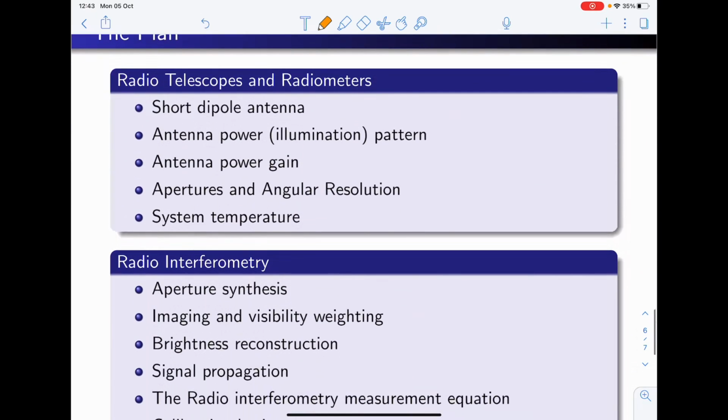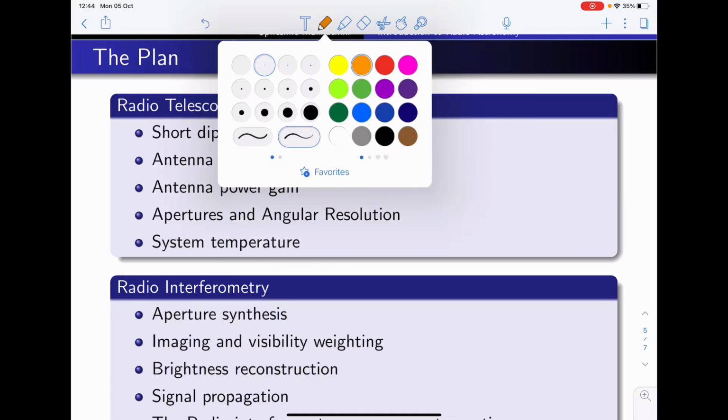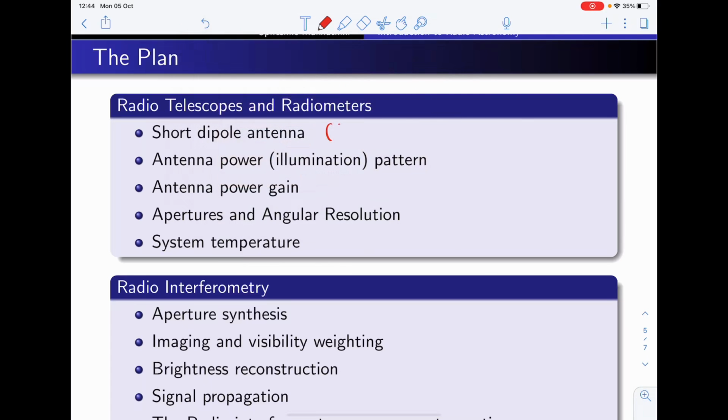Then finally, let me just give you a plan for this part of the course. You're going to study first radio telescopes and radiometers, starting with the short dipole antenna, which is also called a Hertz dipole. Then we're going to study the antenna power or illumination pattern, sometimes also called the primary beam.